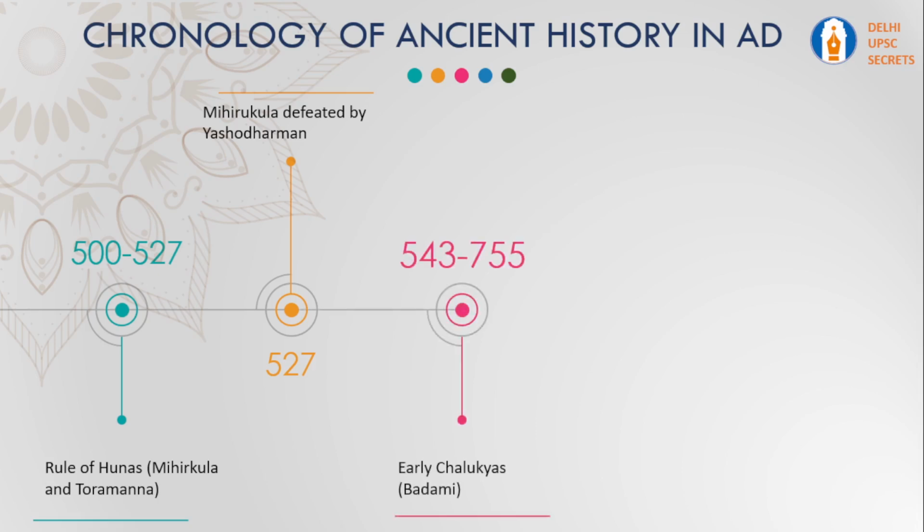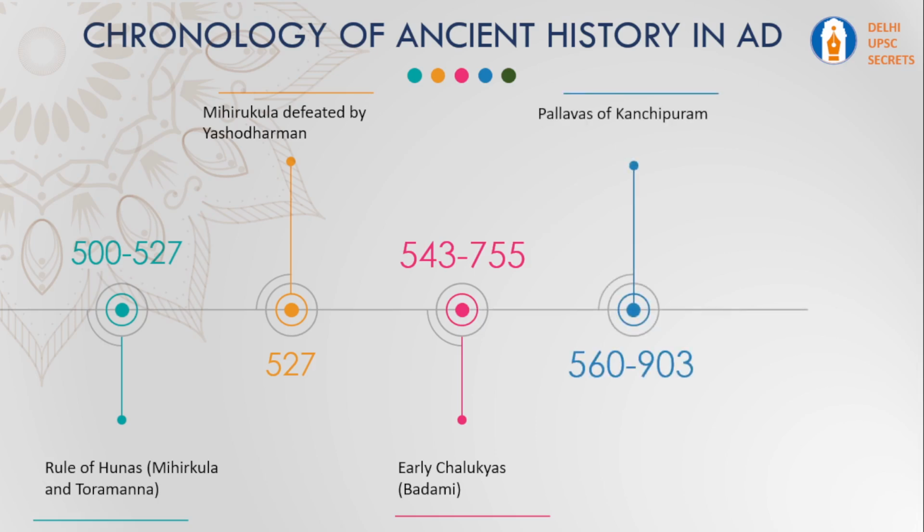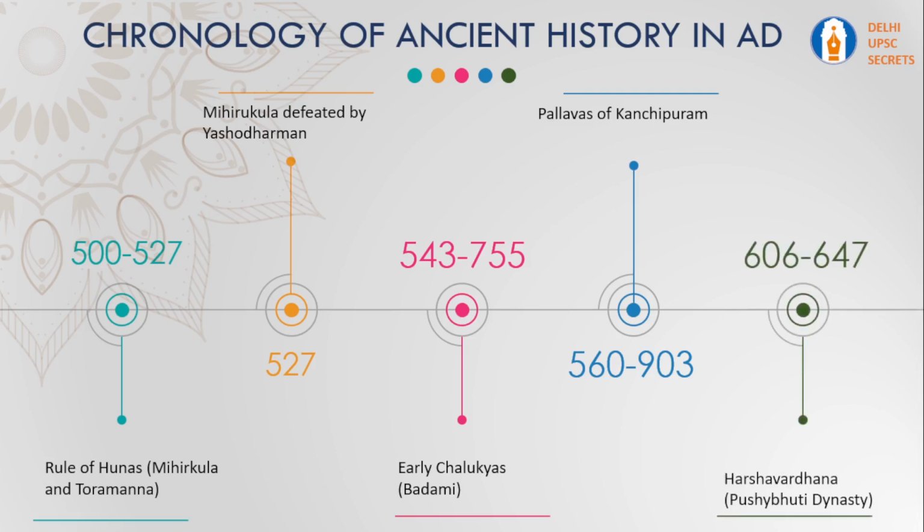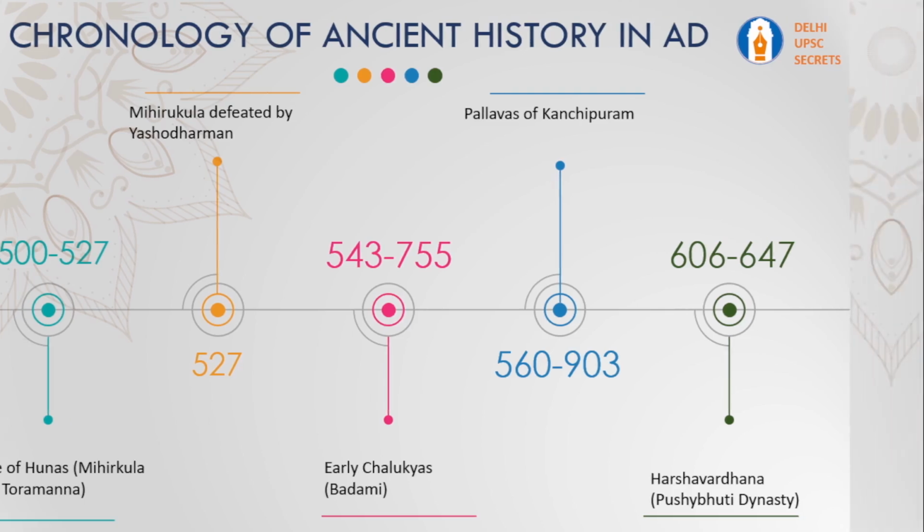The early Chalukyas of Badami start showing their influence between 543 to 755 AD. In the same period, parallelly in southern India, you see the Pallavas of Kanchipuram. In northern India, because of the post-Gupta regional kingdoms, the rise of Harsha's empire is seen. The rise of the eastern early Chalukyas, the Pallava kingdoms, and also Harshavardhana happens in this period.